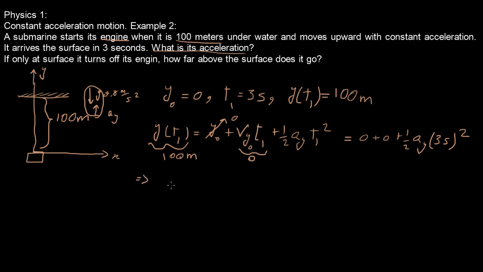Therefore, 2 times 100 meters divided by 9 second square equals ay.